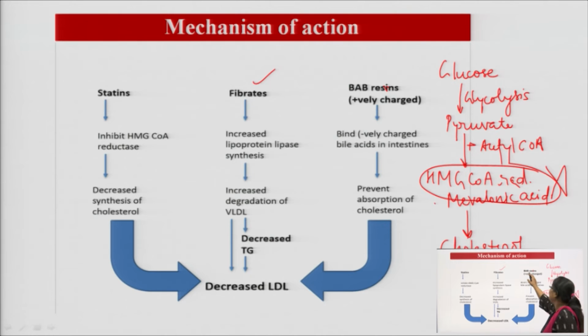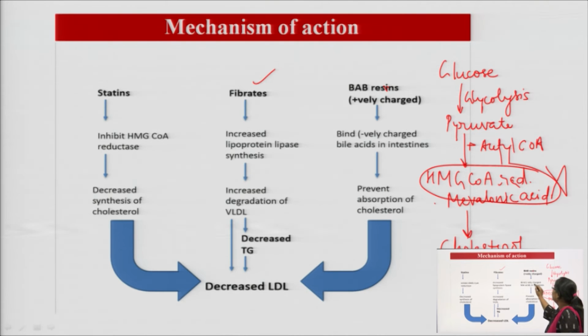Last is your BAB resins, bile acid binding resins. What will happen here? They are basically positively charged ions. They will bind with the negatively charged bile acids which are present in the intestine. Normally, when the bile goes into the intestine, it helps in the absorption of the fat part.